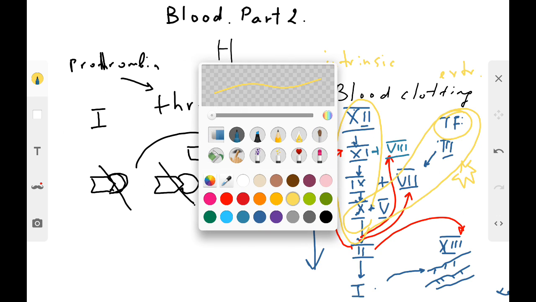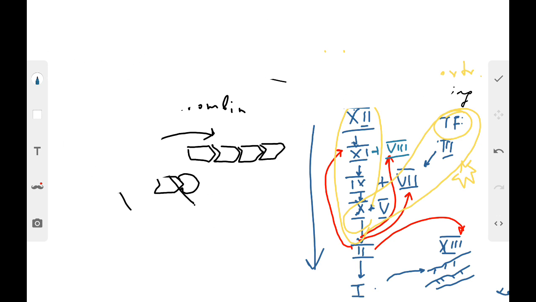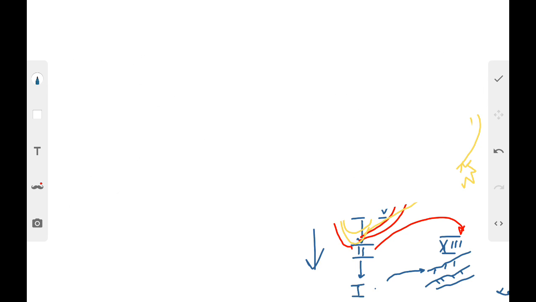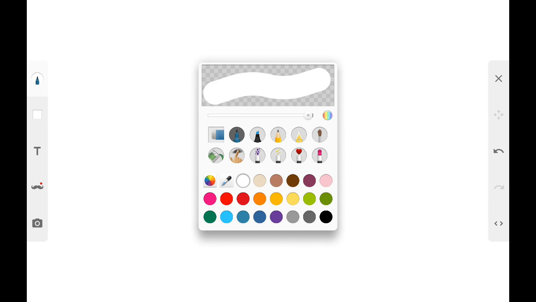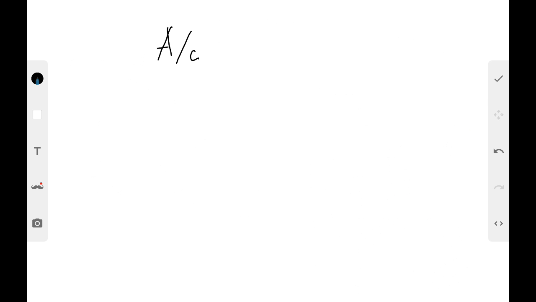So it was about the blood clotting, but also we should say something about the anticoagulation system. The anticoagulation system includes many factors which inhibit coagulation, and for example, heparin is a factor of the anticoagulation system.